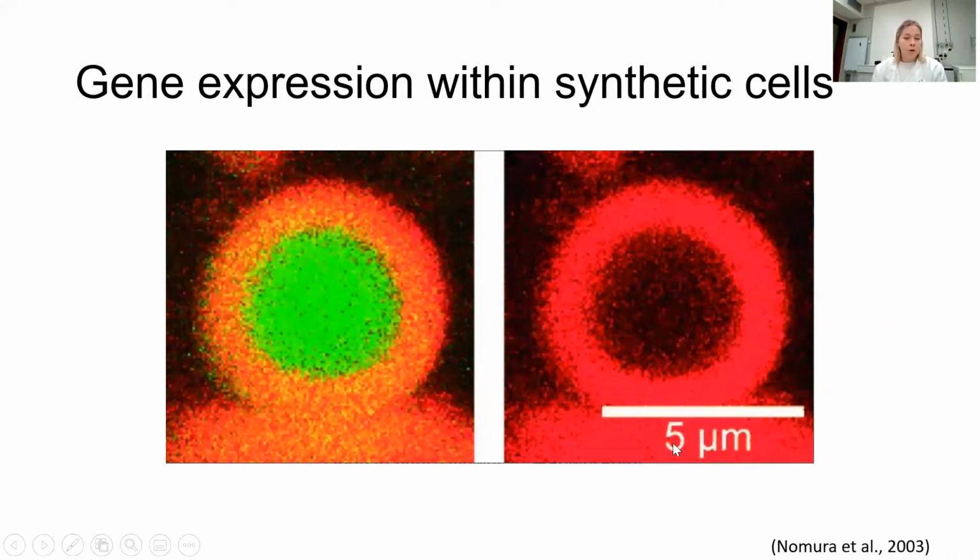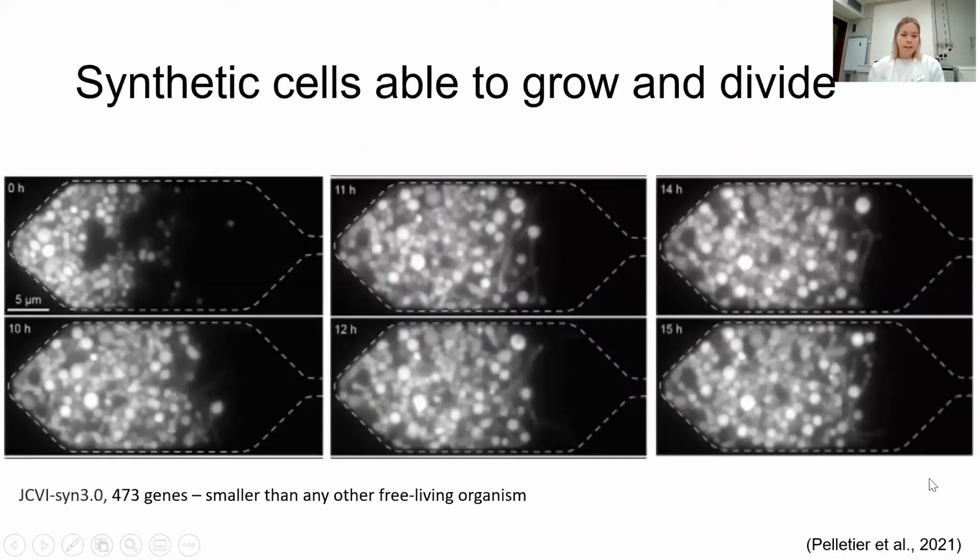Obviously we've come a long way since 2003. And very recently, this paper discussed how cells were created which could grow and divide like our living cells. This is a time course. You can see as time goes on, there's an increased number of cells here.